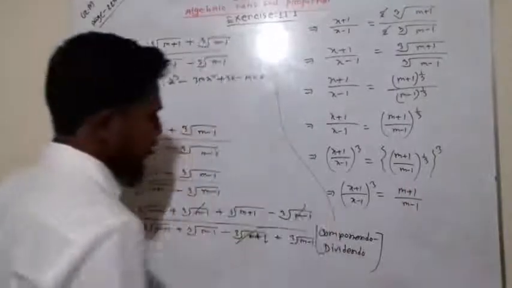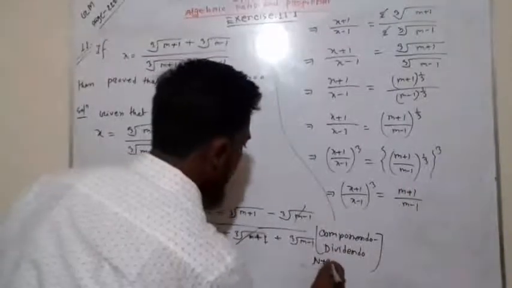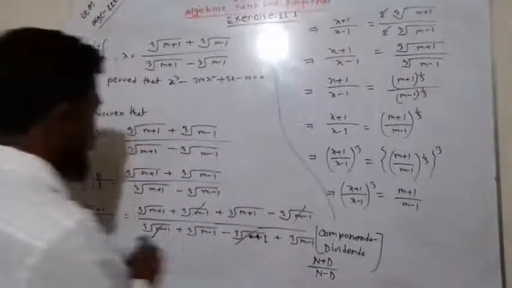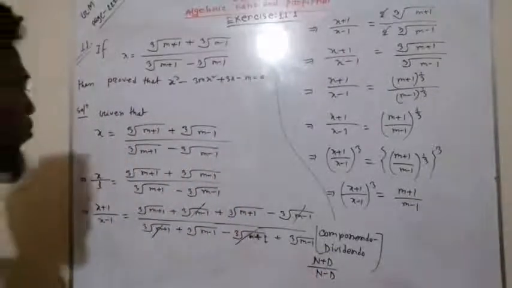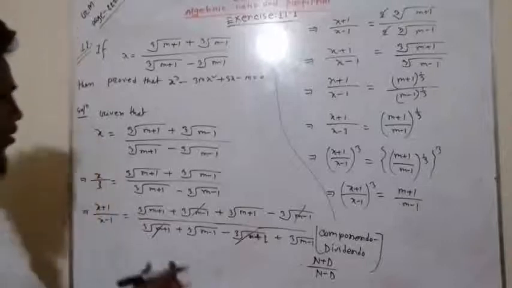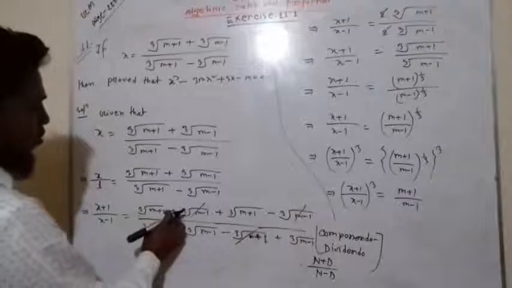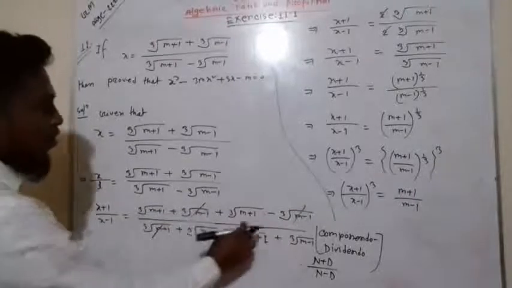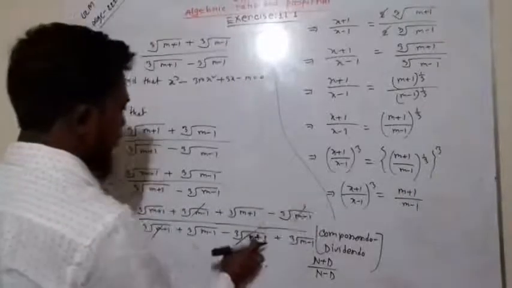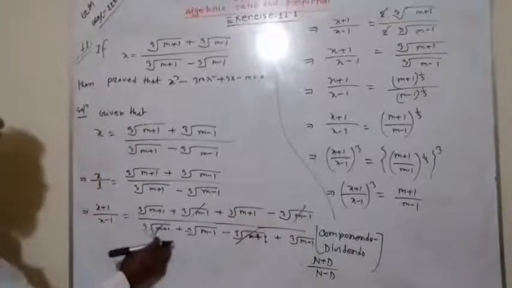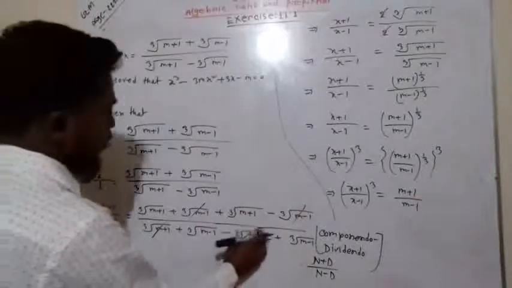The rule is numerator plus denominator divided by numerator minus denominator on both sides. Now we cancel the same terms with opposite signs. Here cube root of m minus 1 minus cube root of m minus 1 are cancelled, and cube root of m plus 1 minus cube root of m plus 1 are cancelled.